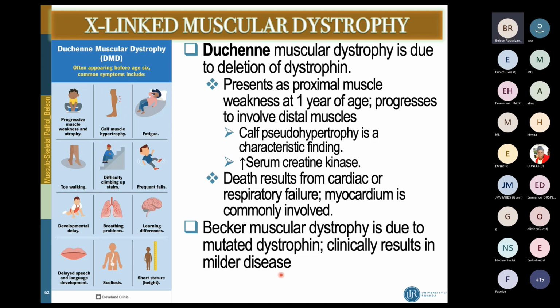Calf pseudohypertrophy is a characteristic finding, and there will be increase again serum creatine kinase. So usually there will be death due to cardiac or respiratory failure because the myocardium will be also involved. So it means this doesn't affect only skeletal muscles, but it can also affect the myocardium.